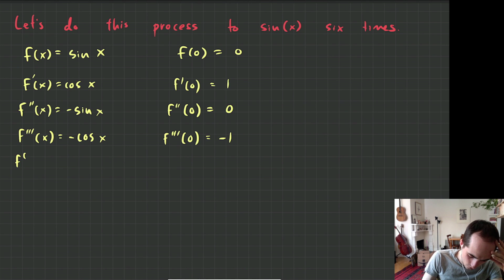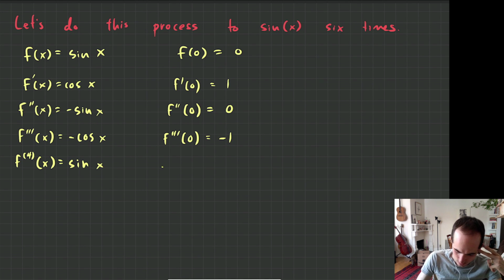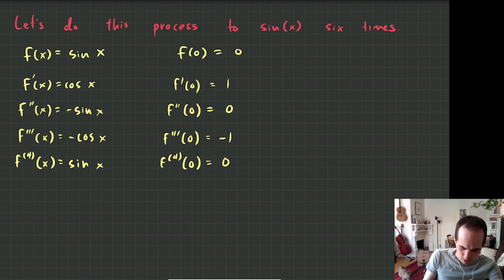Now I've got the fourth derivative of x, and that is going to be back to sine of x. So the fourth derivative evaluated at 0 is just going to be 0 now. And you can probably see that we've got a cycle going now, right? Now we've got sine of x, the same thing that we started with.